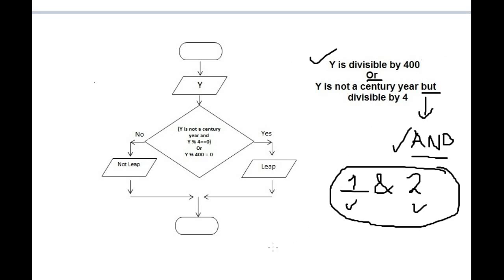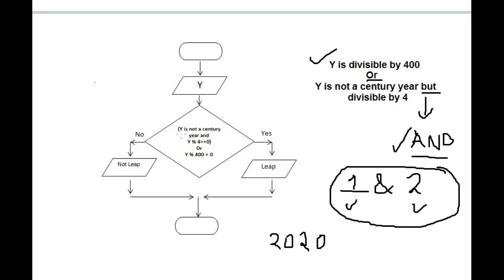I'm taking an example. Say for example, if I consider year 2020. Now year 2020, if I go according to what I have drawn in the flow chart, is it a century year? No, it is not a century year. That means the first part of it is satisfying. And is it divisible by 4? Yes, that is also satisfying.